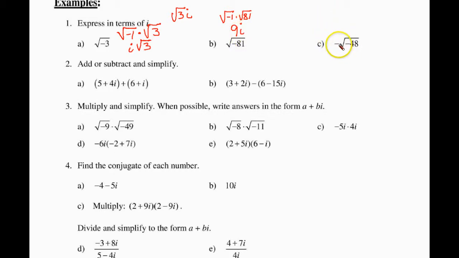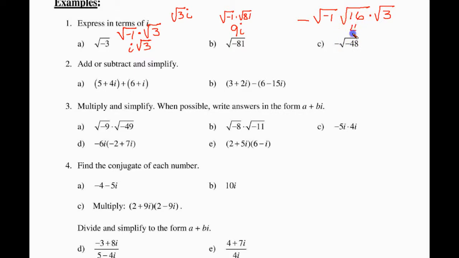Now here this is a little tricky because there's a negative sign. So that goes out there. We take out the square root of -1, which is i, and then we divide this into the square root of 16 times the square root of 3. Remember, we're looking for the perfect square factor. So what is the square root of 16?